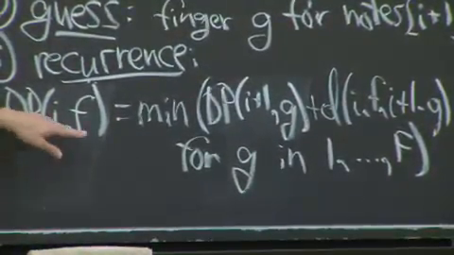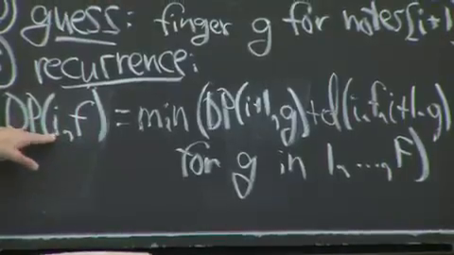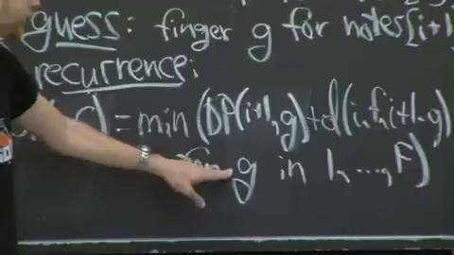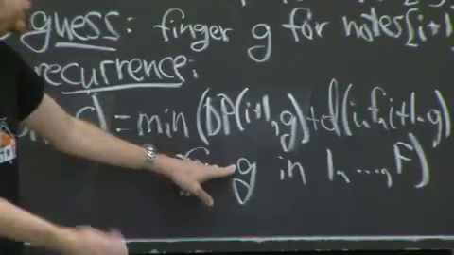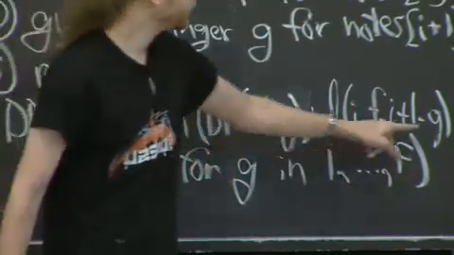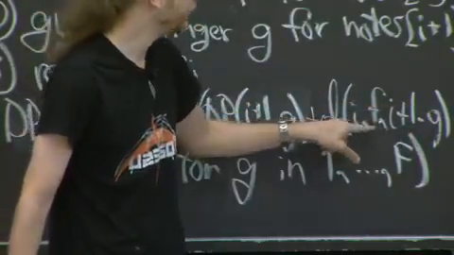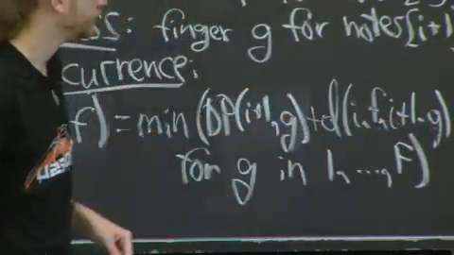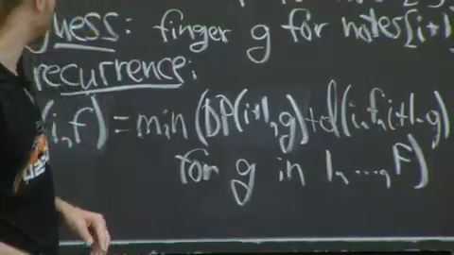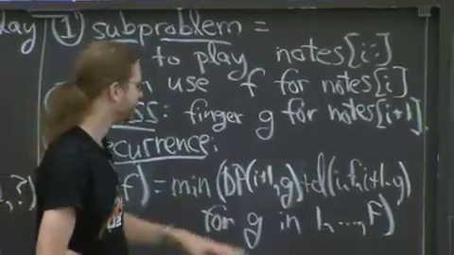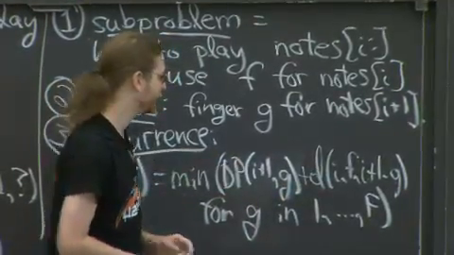So if I want, starting with finger f on note i, how do I solve the suffix from i? Well, what finger am I going to use for the very next note? Then I have to pay this transition cost for f on i to g on i plus 1. So slightly, I'm cheating in notation here.